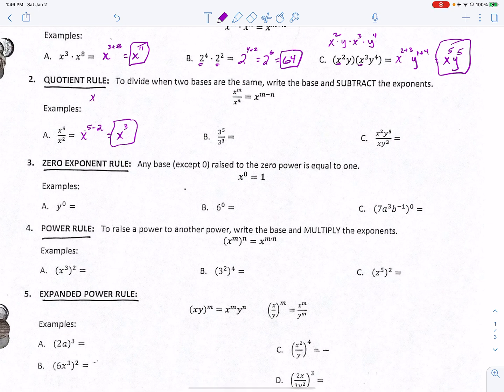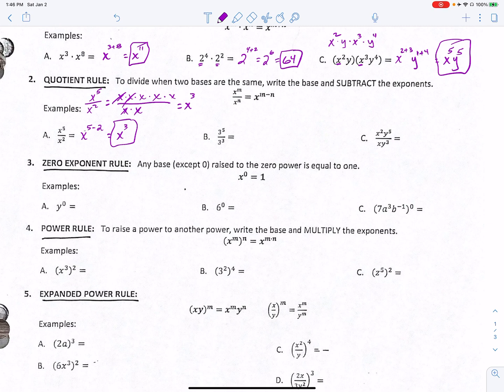Really, with x to the 5th over x squared, you have x times itself 5 times, and x times itself twice in the denominator, and those cancel, and you're left with x cubed. But that takes longer to write out, especially if the exponents are high in value, so it's good to know the rule with like bases. When you divide, you subtract exponents.